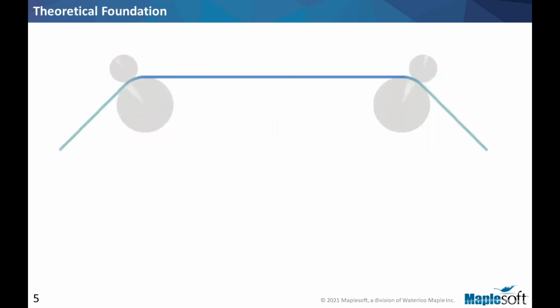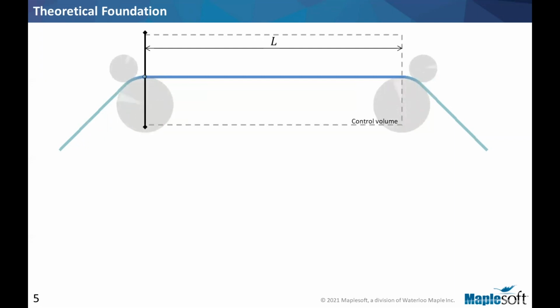So let's jump into some theoretical work. In most research publications on the topic of web handling, if not all of them, the process starts with selecting a control volume over the span. There are some details and intricacies that we are not going to include here, and we'll just focus on the most important parts.